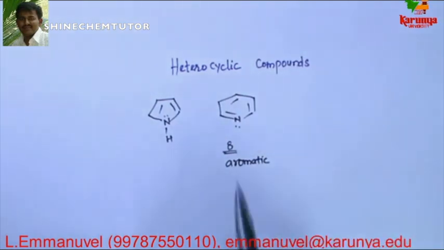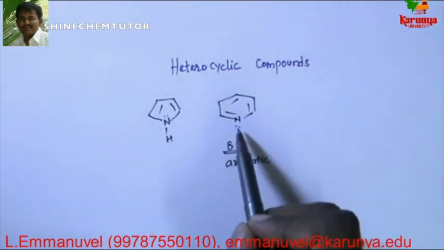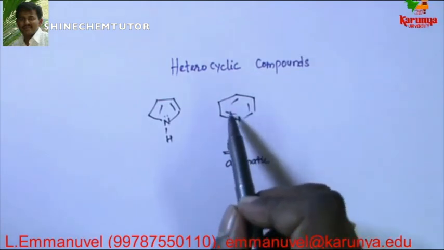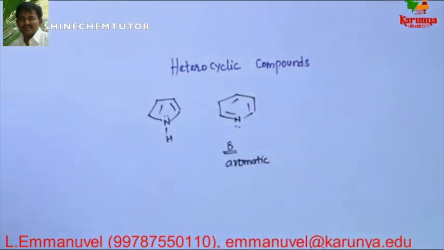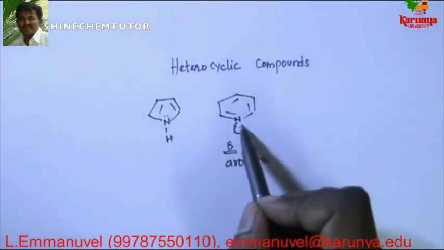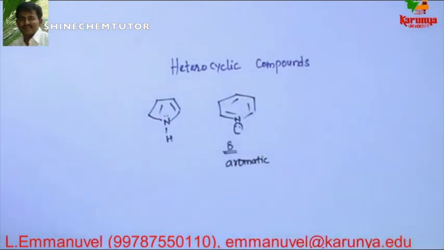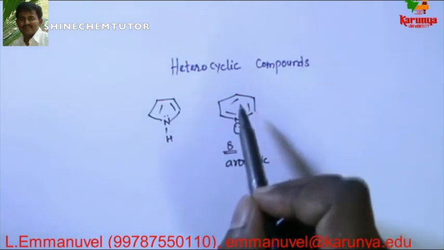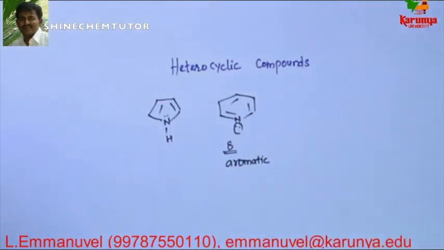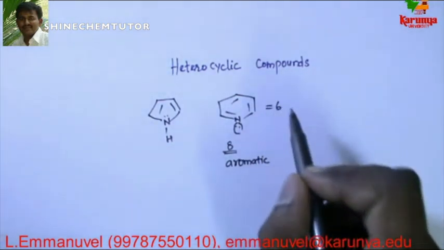The reason is this lone pair of electrons is in the orbital which is perpendicular to the pi bonding orbital. So this lone pair cannot overlap with this one. Only these electrons are involved in delocalization and only 6 are there. So it is aromatic.